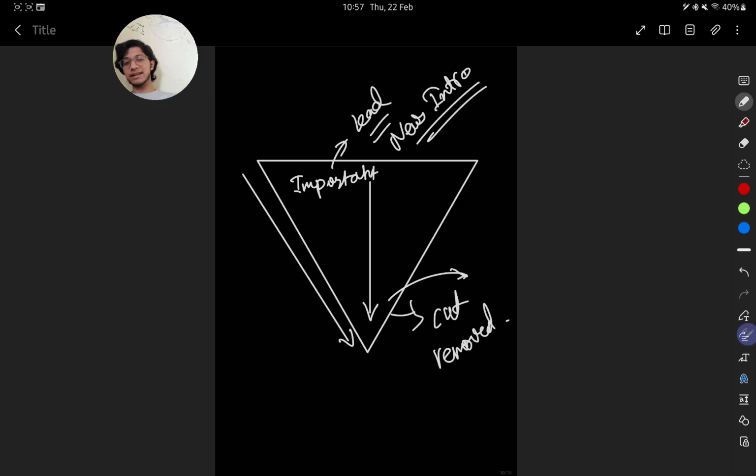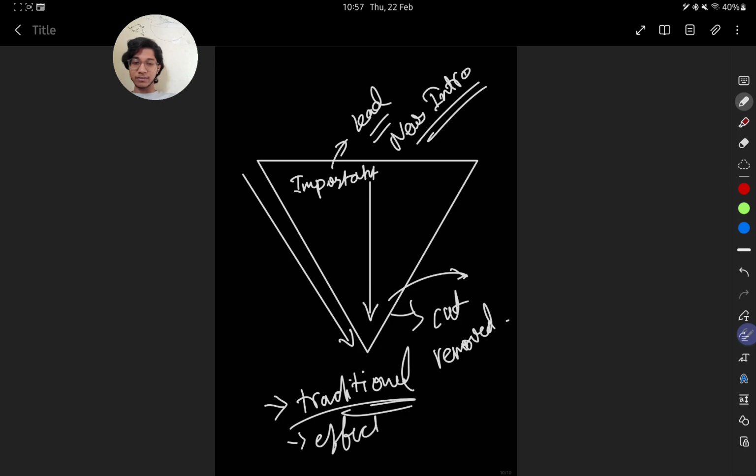And this inverted triangle, let me tell you a few facts about it. It is the most traditional type of news writing method. It is effective because obviously anybody would want to read the most important thing first, and then they can just leave and move to the next topic whenever they want, because at the end of the day that is what is important.